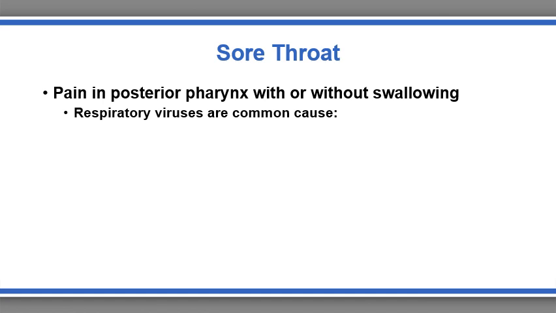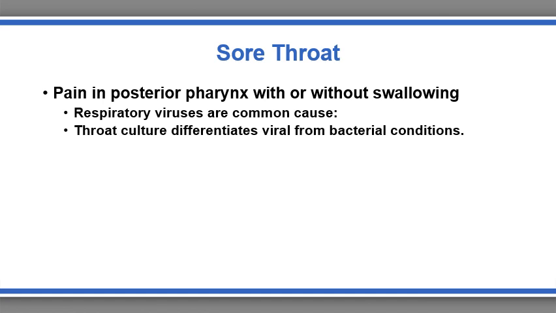In some instances, particularly with severe sore throat, getting a throat culture could be important because that could potentially differentiate between viral and bacterial conditions. Probably one of the more common bacterial throat infections is what we'd call a streptococcus infection, or, for short, strep throat.